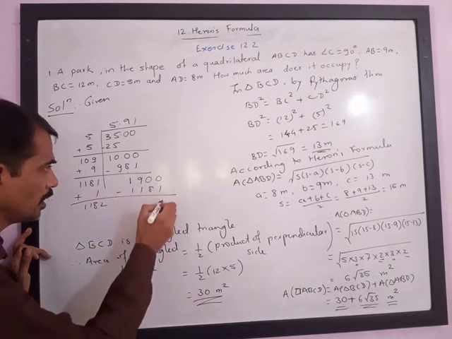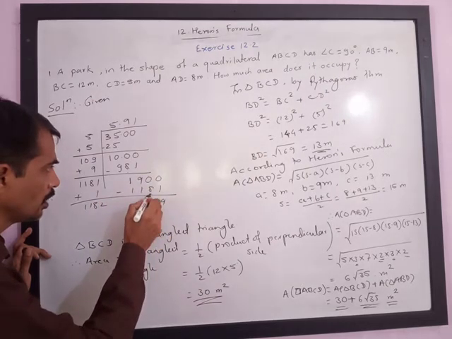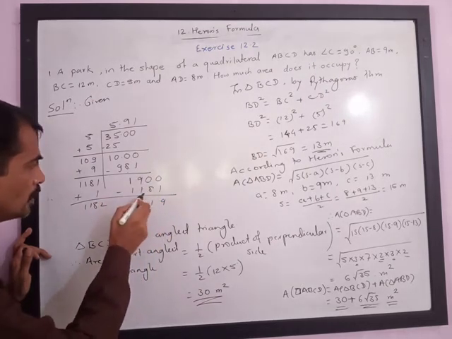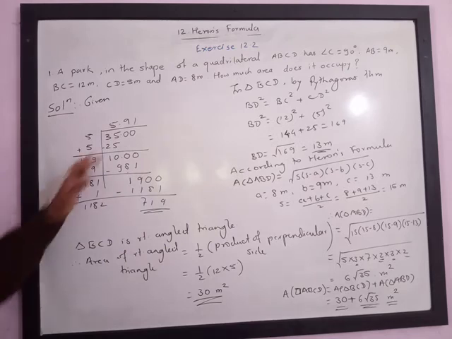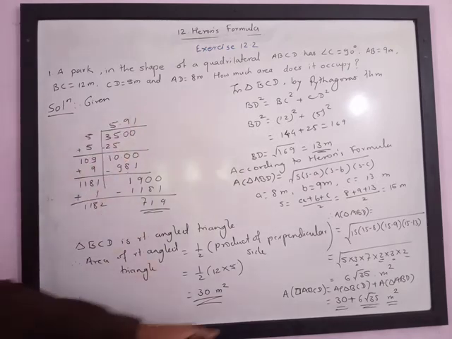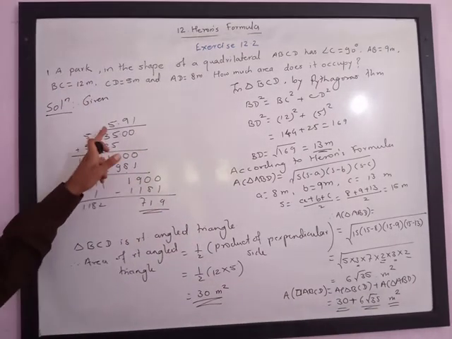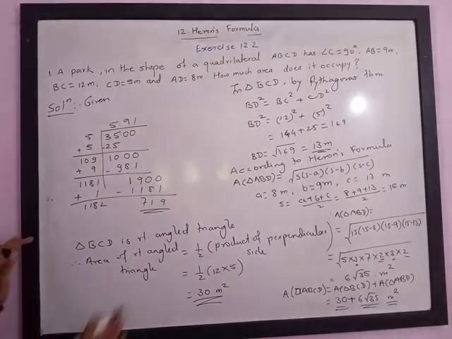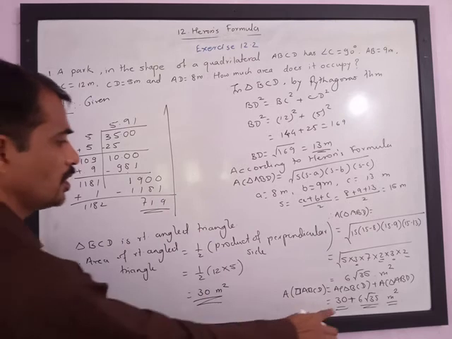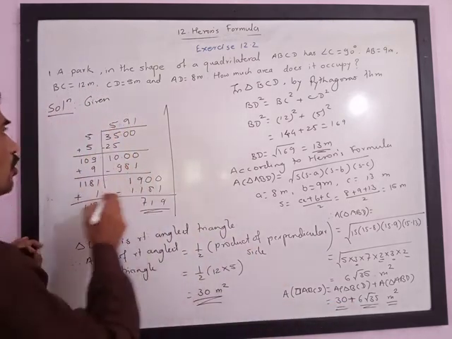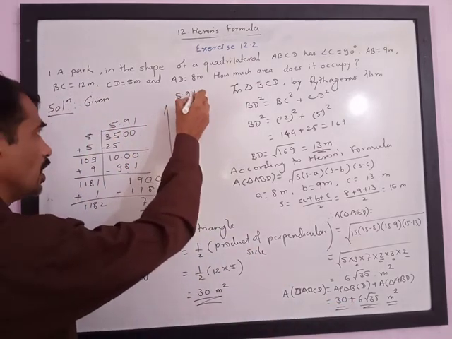Here you will get 790, which is smaller. So up to 2 decimal places it is okay. So root 35 is equal to 5.91. Hence, the area 6 root 35 will be 6 into 5.91.